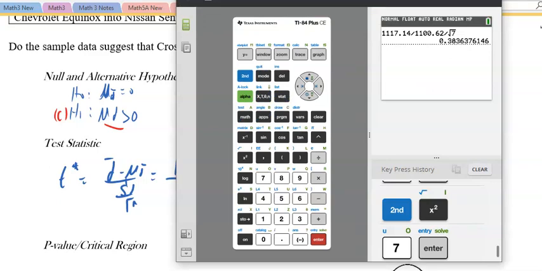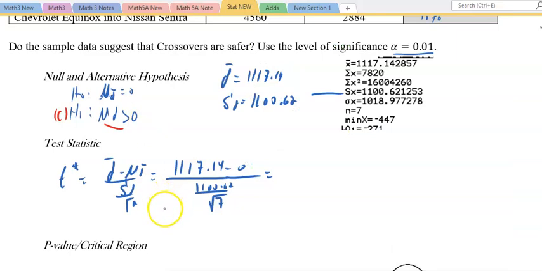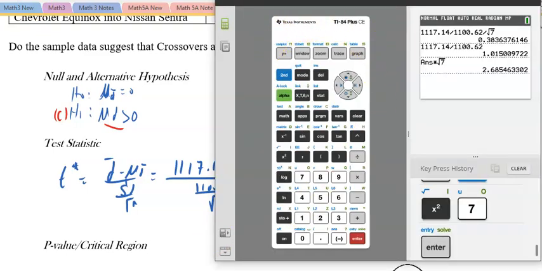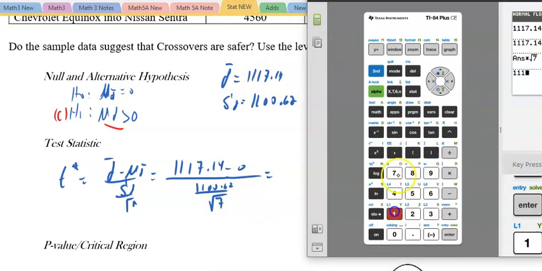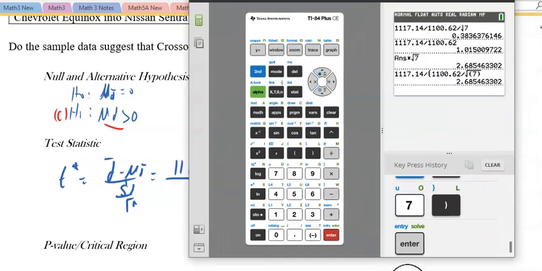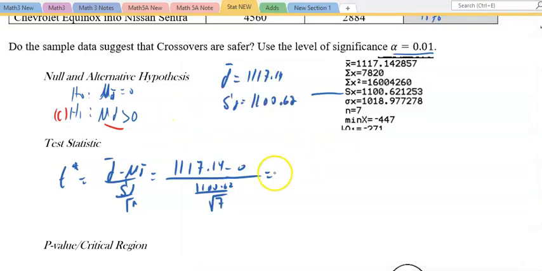Oh, the standard deviation can't be that big. Let me double check that. Okay, I'm going to go back to the calculator. I recalculated a bit. So here, maybe I should do this: 1117.14 divided by parentheses 1100.62 divided by radical 7. There it is. That's more like it.